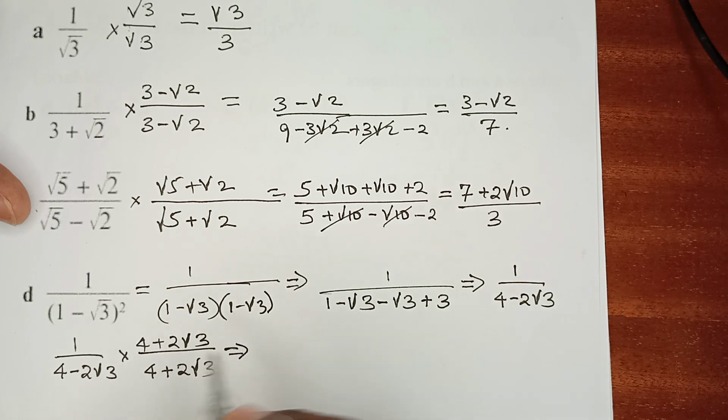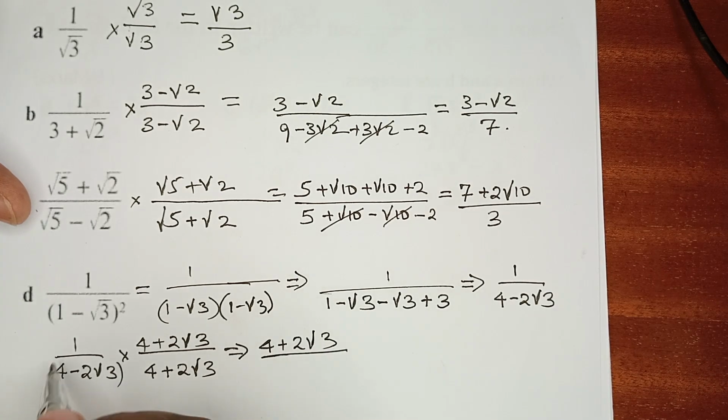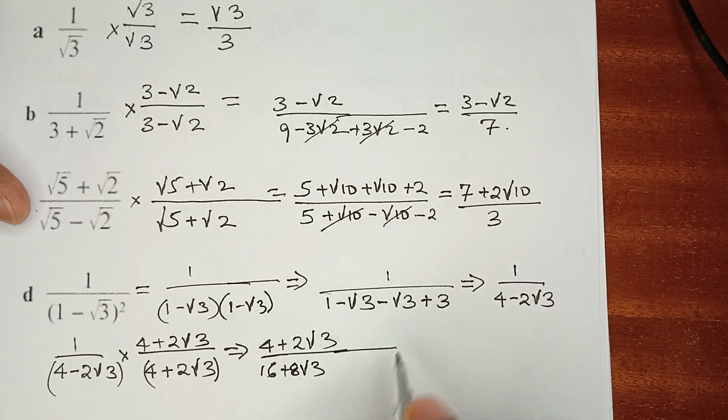But let us just expand it. The numerator is going to be 1 times 4 plus 2 root 3, which is itself. And the denominator, of course, now we have to apply the FOIL. 4 times 4 is 16. 4 times 2 root 3 is 8 root 3.